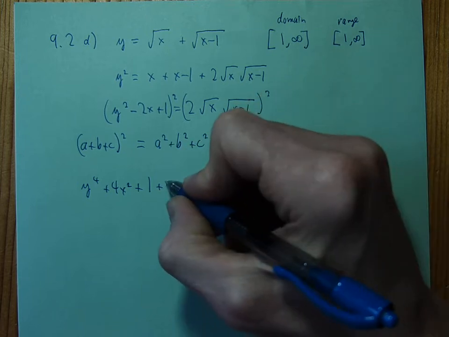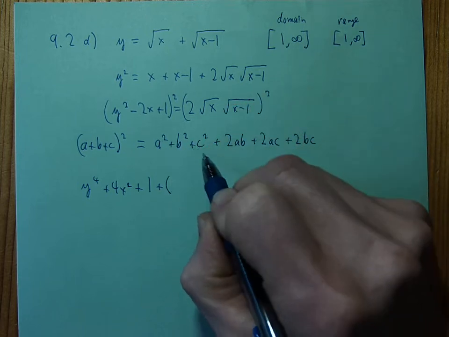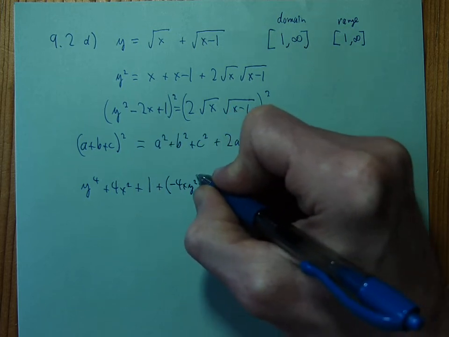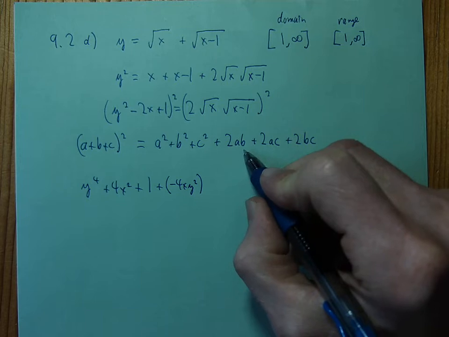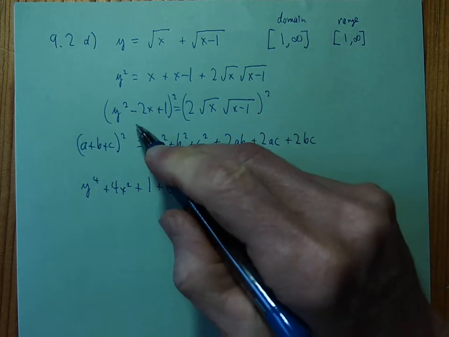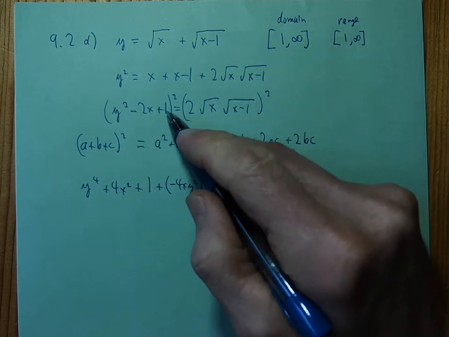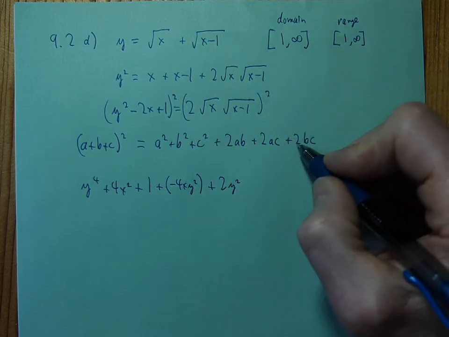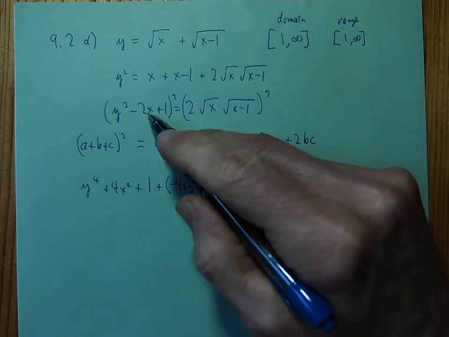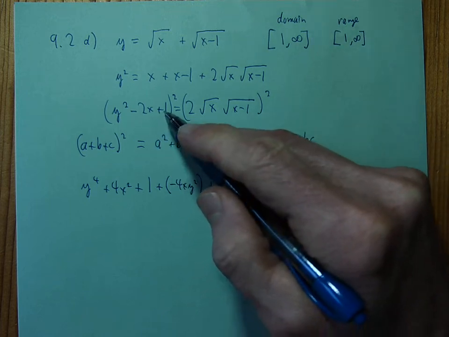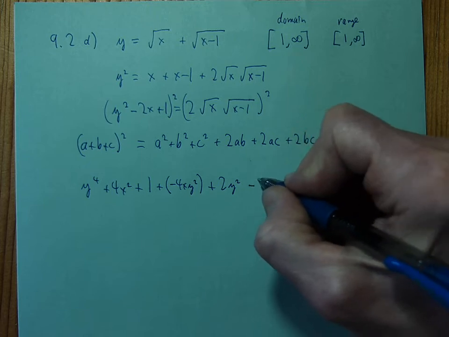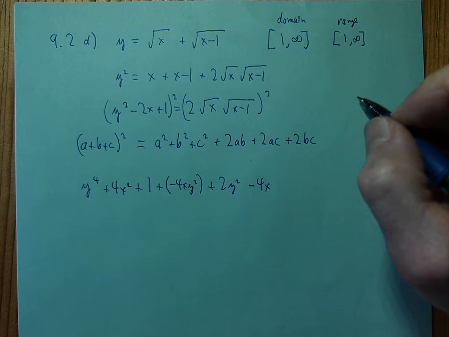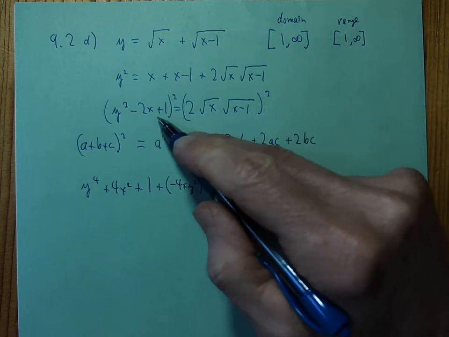So that's negative 4x y squared. That's the ab, and then 2ac, that'd be 2 times 1. c is nice, it's 1, so that's plus 2y squared. And then 2bc, it's negative again, and it's just 2x times 1 again, so it's negative 4x. Okay, I think I did that right.